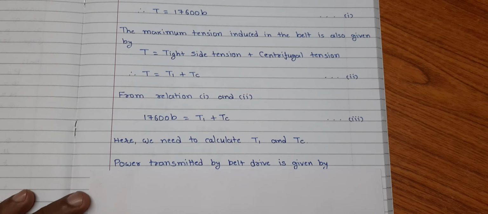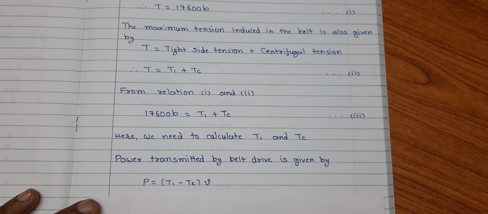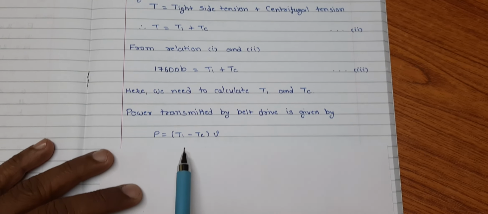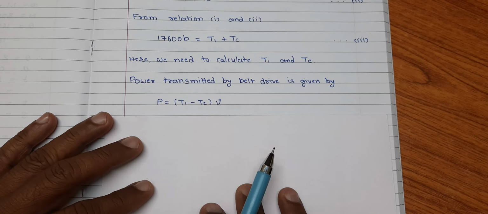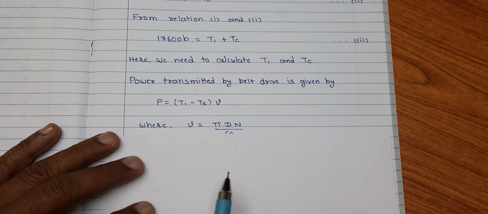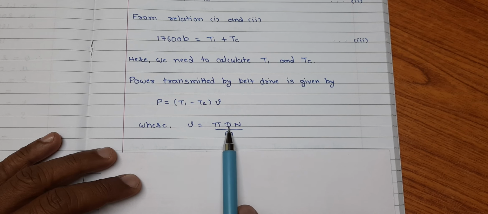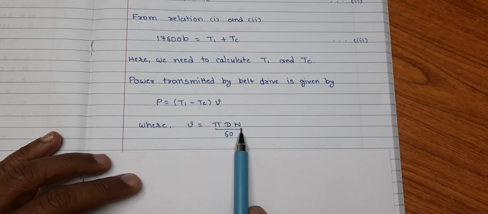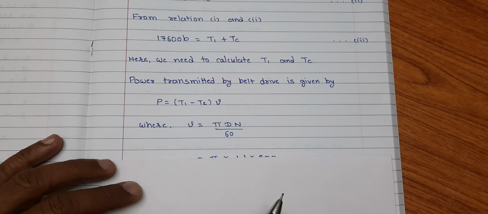So power transmission by belt is given by P is equal to T1 minus T2 into speed of the belt V, where speed is given by V is equal to pi diameter of the pulley D into speed, that is RPM of the pulley divided by 60.